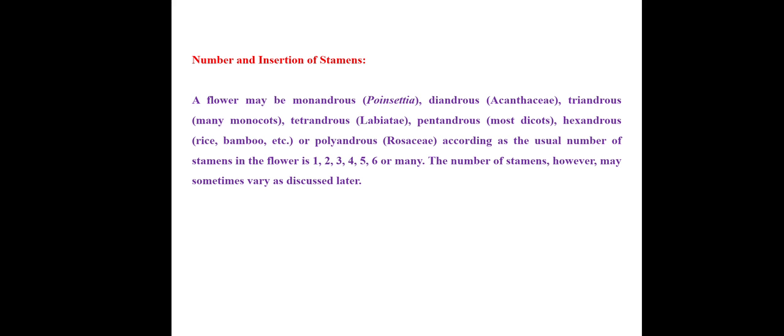Now, number and insertion of stamens. A flower may be monandrous, poinsettia; diandrous, in Acanthaceae members; triandrous, many monocots; tetrandrous, Labiatae members; pentandrous, most dicots; hexandrous, like rice, bamboo, etc.; or polyandrous, in Rosaceae, according as the usual number of stamens in the flower, which is 1, 2, 3, 4, 5, 6 or many.